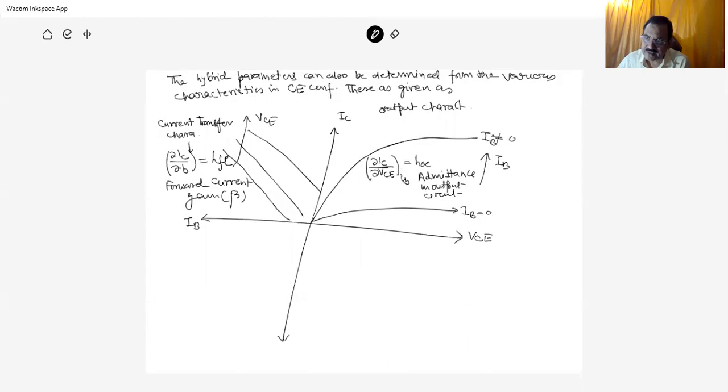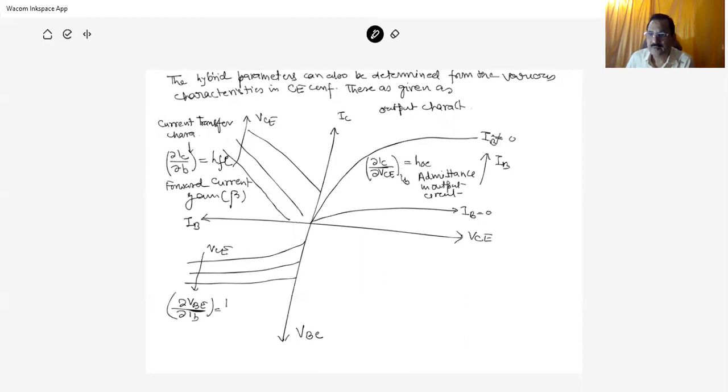If this voltage is considered as VBE, then delta VBE upon delta IB is the input impedance. And this is the input characteristic.